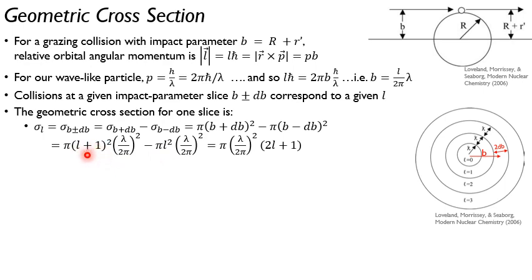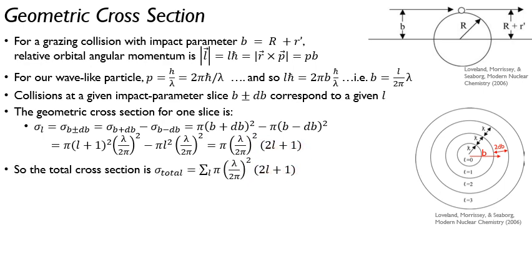And we're using the math up above to do this conversion here, introducing the de Broglie wavelength times the orbital angular momentum in place of the impact parameter. So that's the swap that's gone on here, and you can do this arithmetic, and you see that for a given orbital angular momentum, you have pi times the reduced de Broglie wavelength squared times 2L plus 1, where L is your orbital angular momentum.